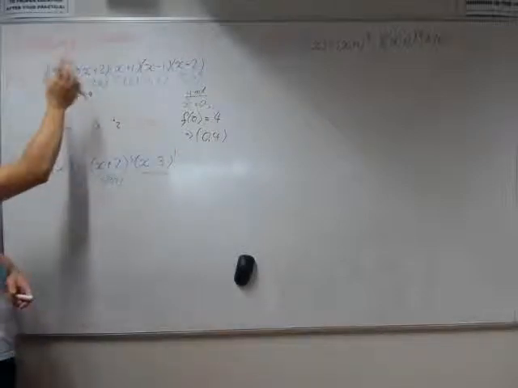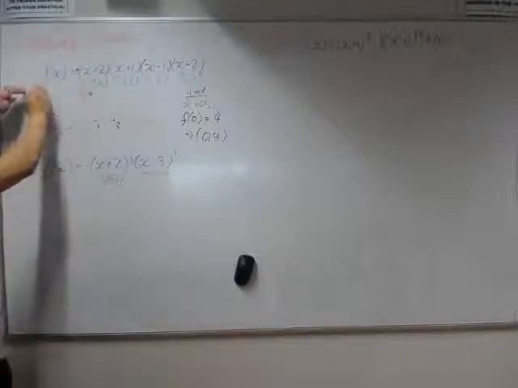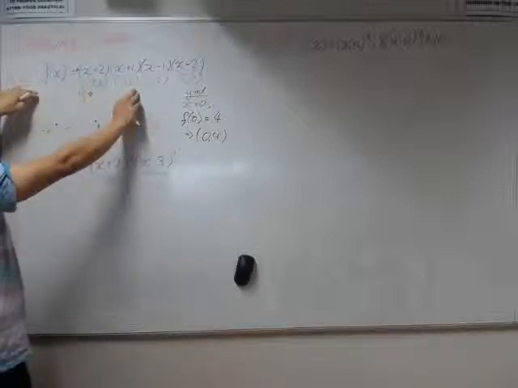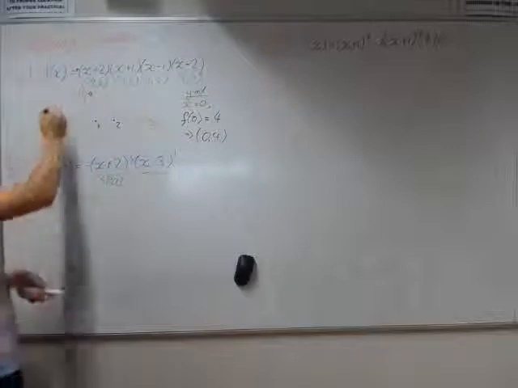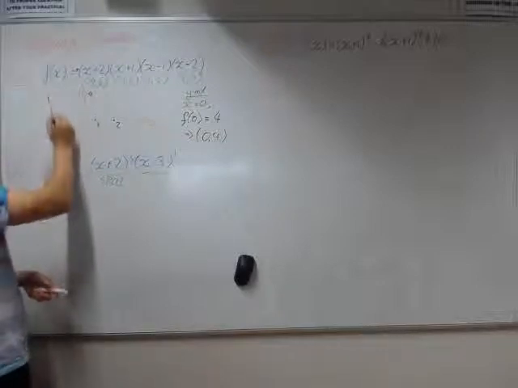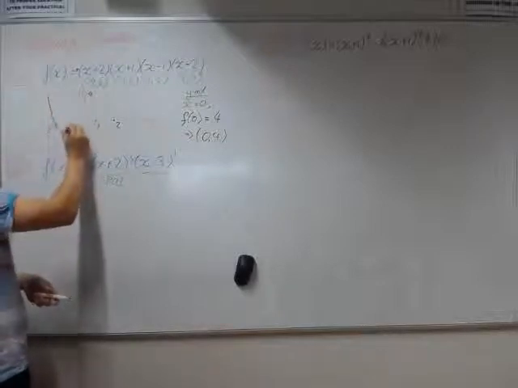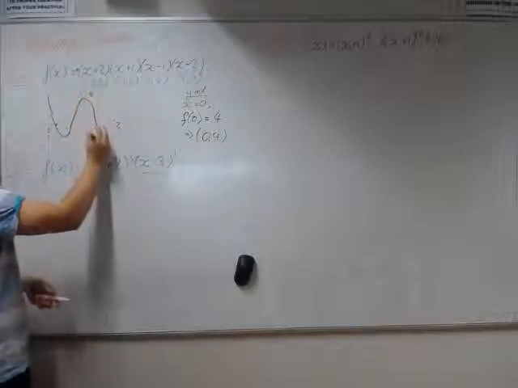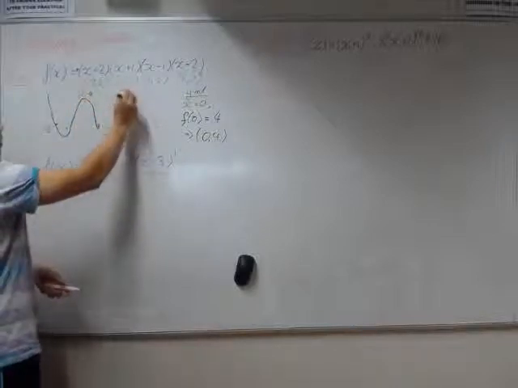And since this is a positive quartic, I'm going to start from the top, going from left to right. I'm going to end up back at the top as well, for an even order function. So it goes down through this x-intercept, through the y-intercept, back down and back up.